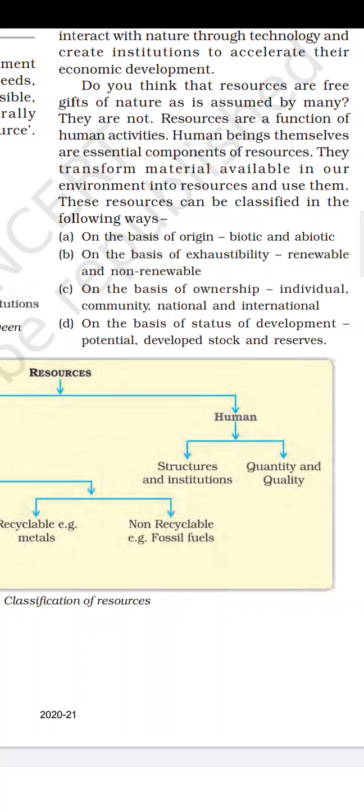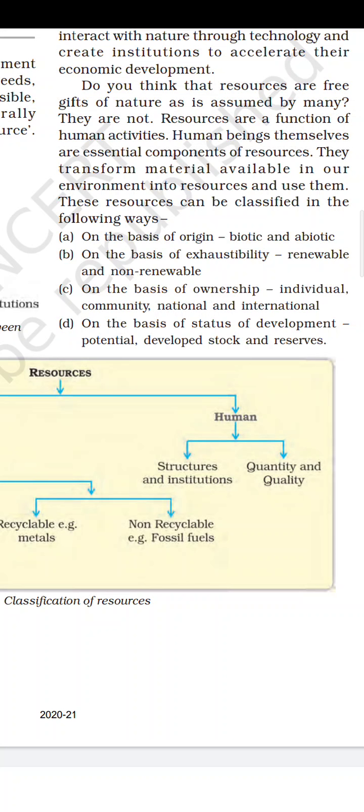Then this is a community resource. Then next comes your national and international. National means that belongs to a particular nation, that is the property of particular nation. People of that country are responsible for that resource. It is under their control. Then it's a national resource. And international means it doesn't belong to any country.